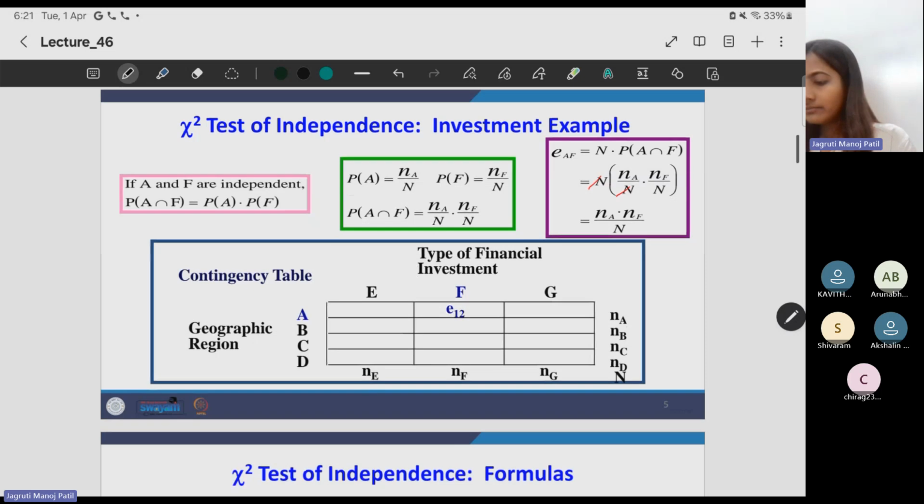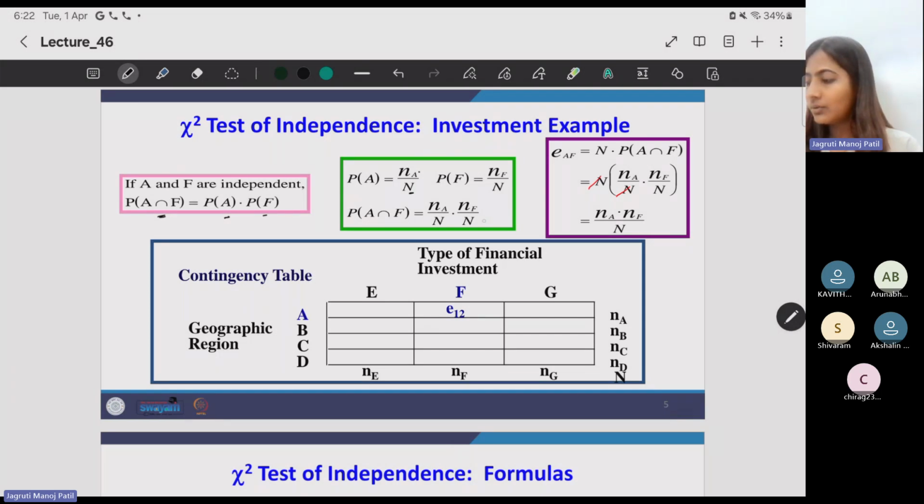Now, two things were possible: one was mutually exclusive events, another was independent events. Here we want to check for independent events. If they were mutually exclusive events, it would have been 0. If they are independent, their intersection gives rise to the multiplication of both of them. If I need to find the probability of one, it would be the events that occurred in A divided by the total number of counts there.